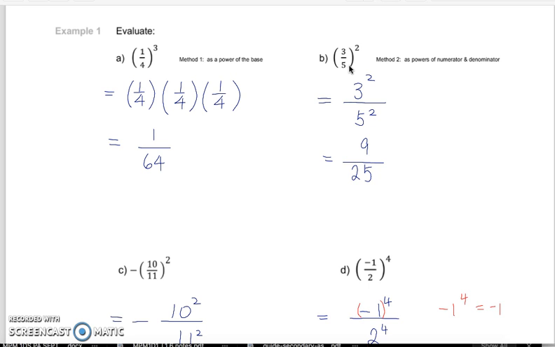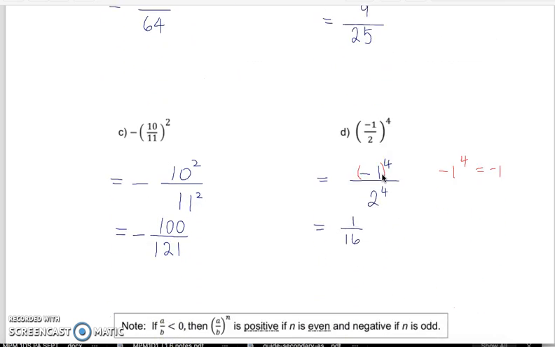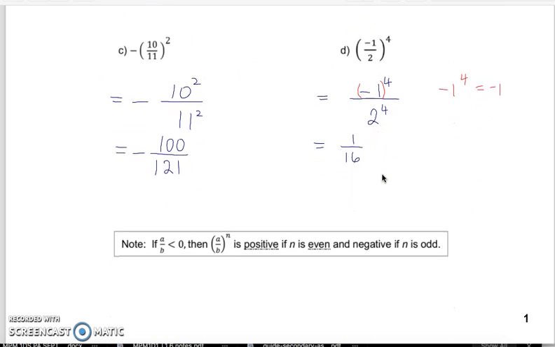So we can write this expression as 3 to the power of 2 over 5 to the power of 2. And then you work out the answers. So 3 squared is 9, 5 squared is 25, so the final answer is 9 over 25. So now it really is your choice in terms of how you want to do these calculations.